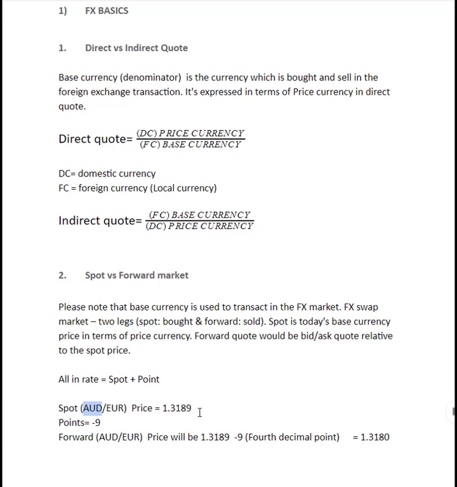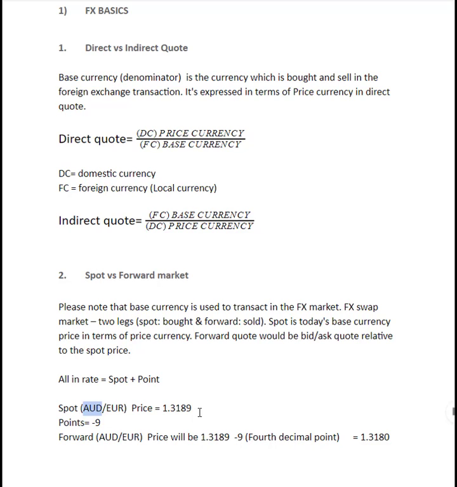What is forward market? There are many buyers and sellers in foreign exchange market, and they want to hedge their uncertainty. So they may be receiving payments in the future, they may be making payments in the future, and since these prices are going up and down, they're fluctuating, they want to cover themselves from those fluctuations.